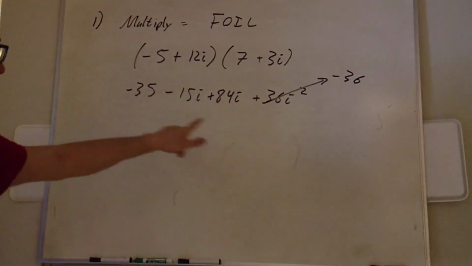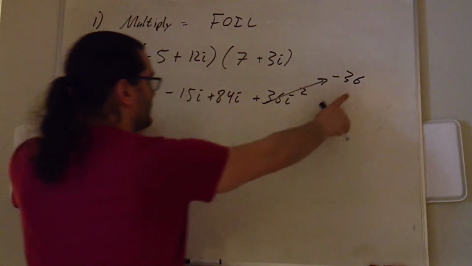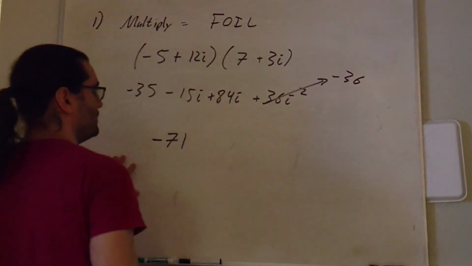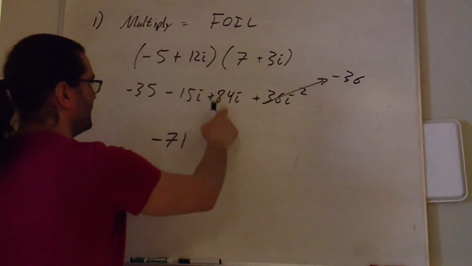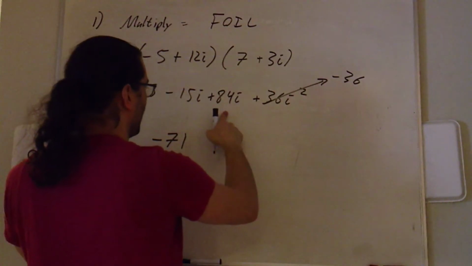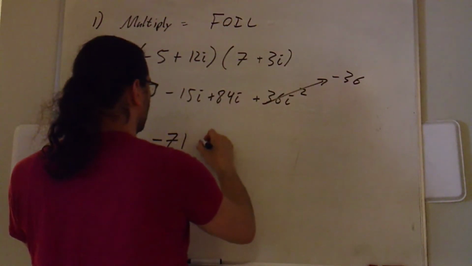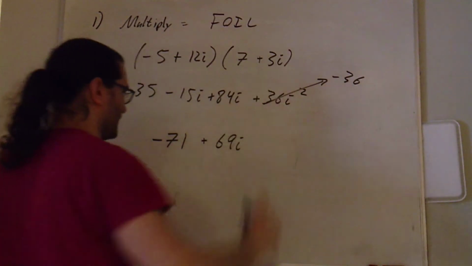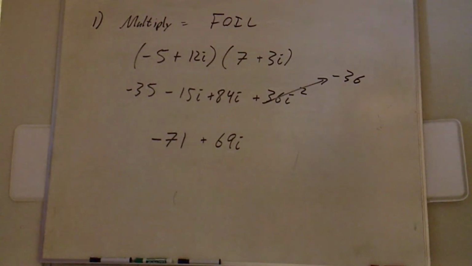So now we can combine like terms. I have a negative 35 and a negative 36. Those will combine into negative 71. And a negative 15 and a positive 84, which completely unintentionally looks like it turns into a 69i. Nice.